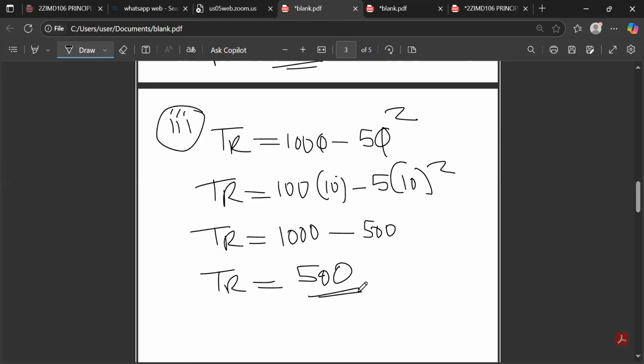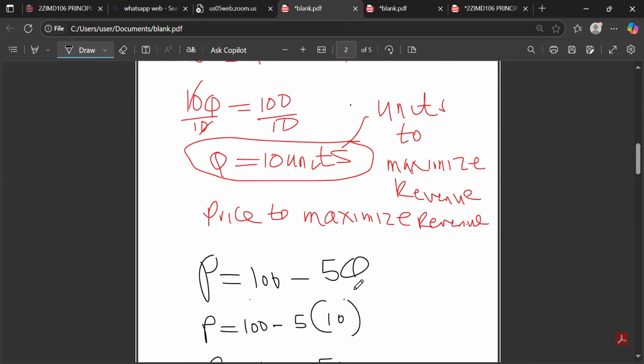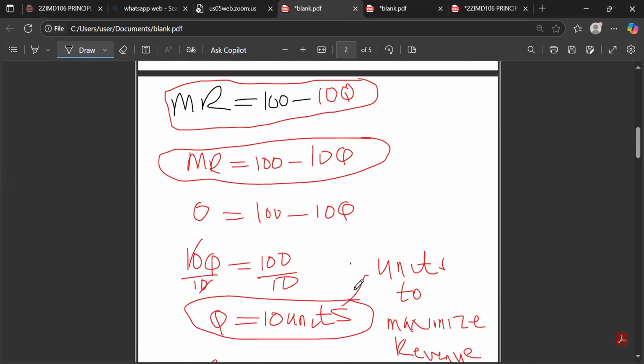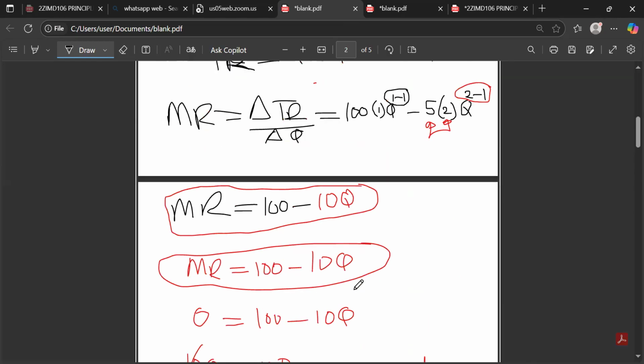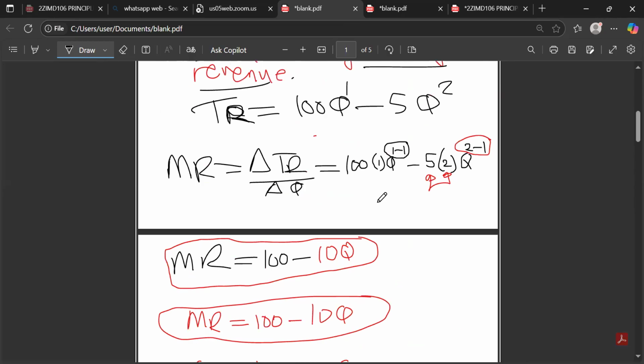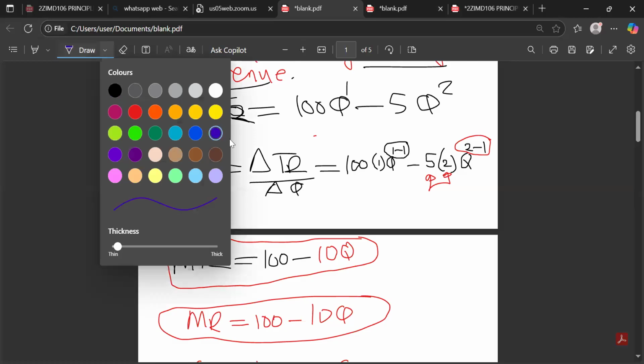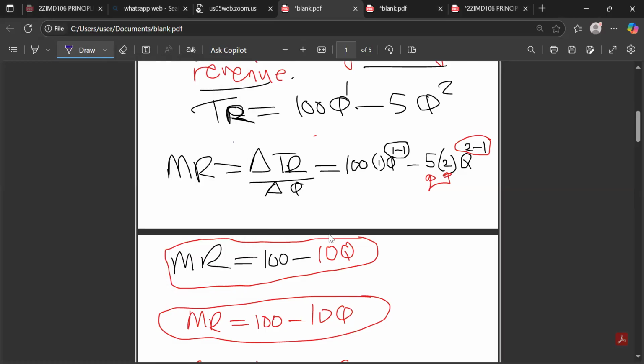Yes. So for number 2, I think I got lost. When we looked at marginal revenue, we said change in total revenue over change in quantity. Then we got the equation for total revenue being 100Q minus Q squared. Then we did the powers. I hope I'm using the right words. Okay. So that one, when we found the answer, that was change in total revenue, isn't it?